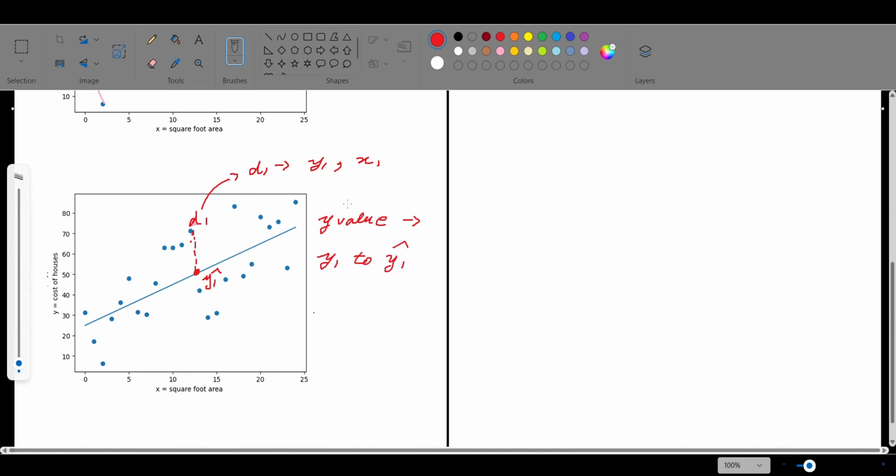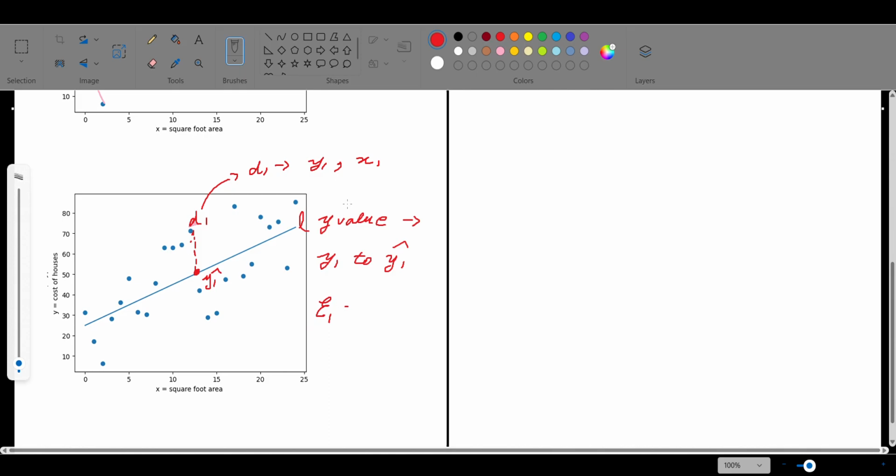This also means that the projection of D1 on this line, let's call this line L, leads to an error in the y value because it is going from y1 to y1 cap. So we could say that the error in the y value, let's call it error 1 because we're talking about data point 1. Let's just keep the notation the same.